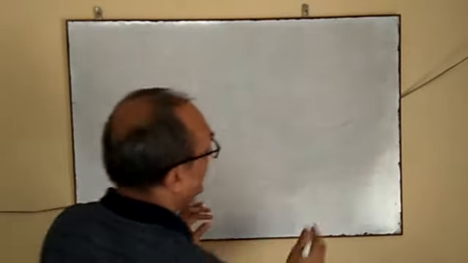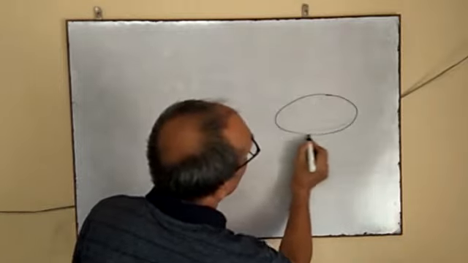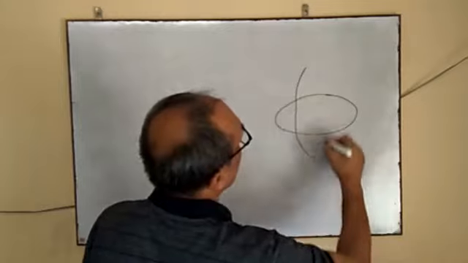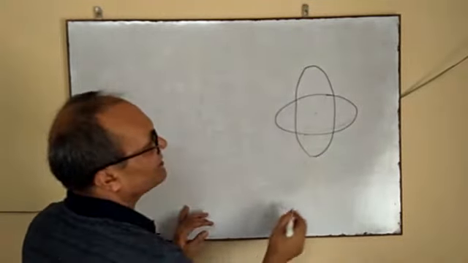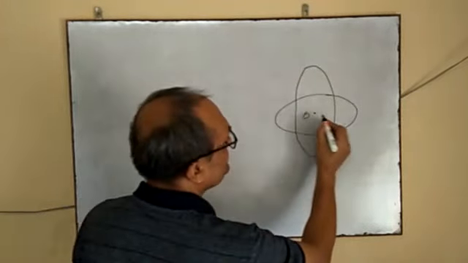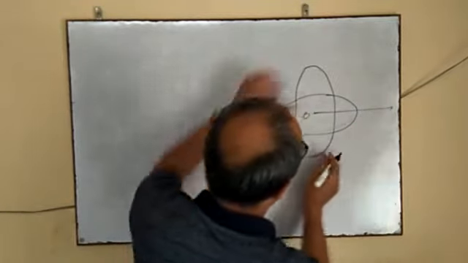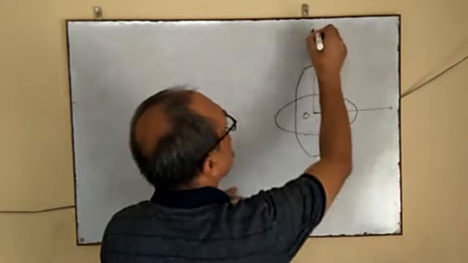Suppose we have the one loop, the center, and this is the another loop. Both loops have the same radius and same centers. This is the center. This is the axis of this loop, and this is the axis of this loop.